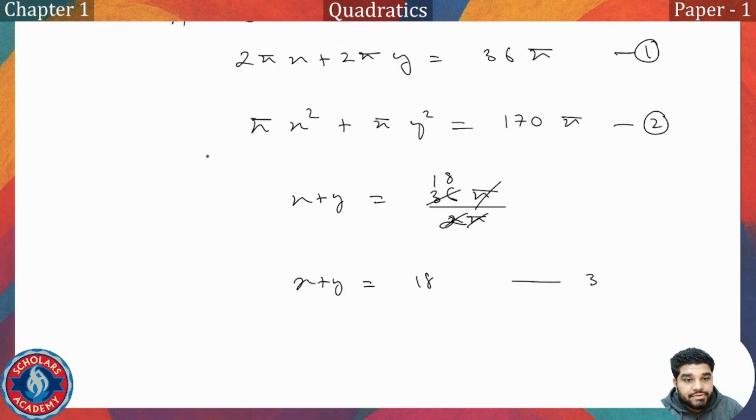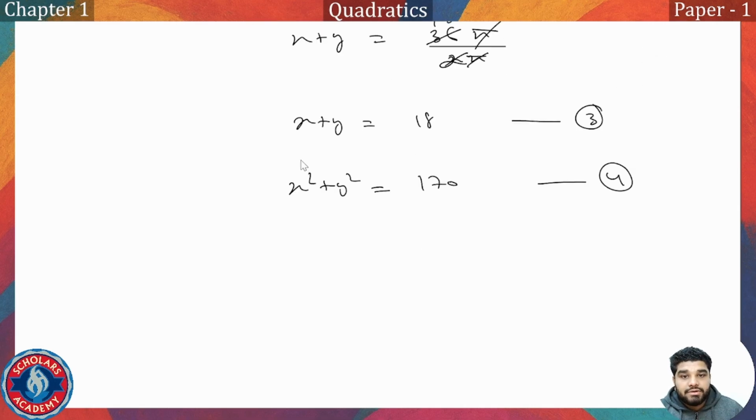I can mark it as equation number 3, and from the second equation I can say that x square plus y square is equal to 170. I can mark it as equation number 4. So from equation number 3, I can say x is equal to 18 minus y.